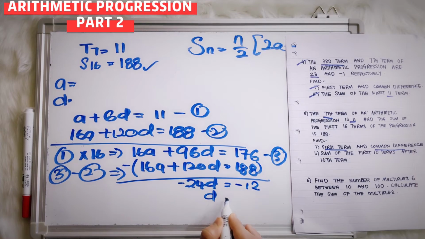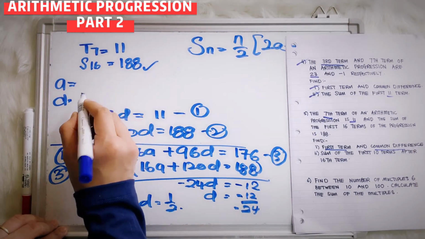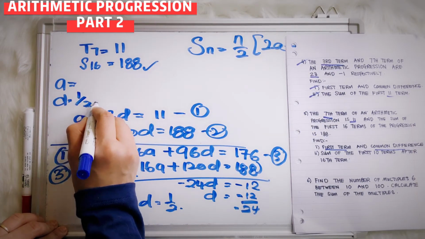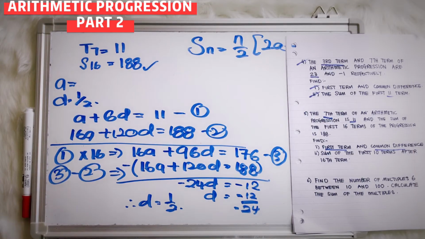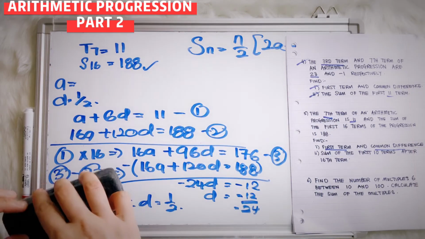So your D now is negative 12 over 24. Therefore your D equals 1 over 2. Settled. Now we want to find our A. I erase this one first.